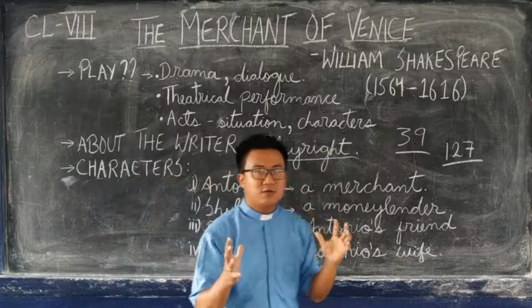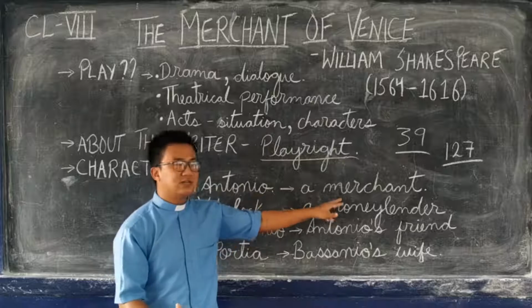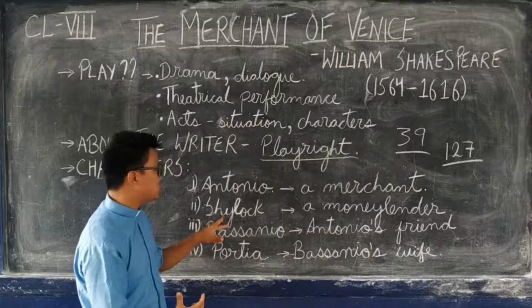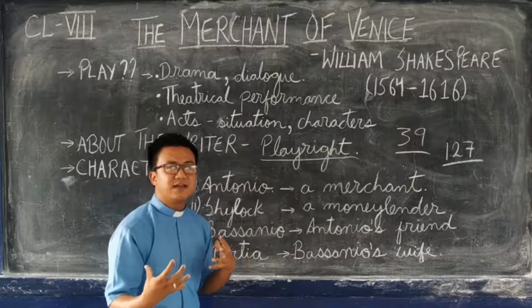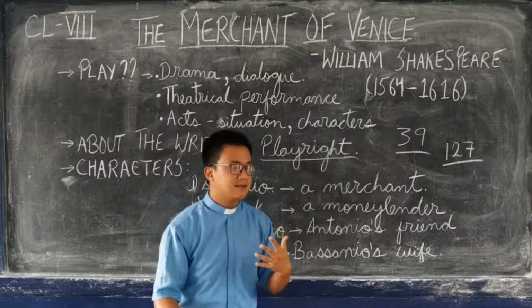Now, in the earlier episode, what has happened is Antonio, who is a merchant, a businessman, had borrowed some money, had taken a loan from Shylock. To be specific, it is 3,000 ducats. What is that? We'll deal with it in the later classes.